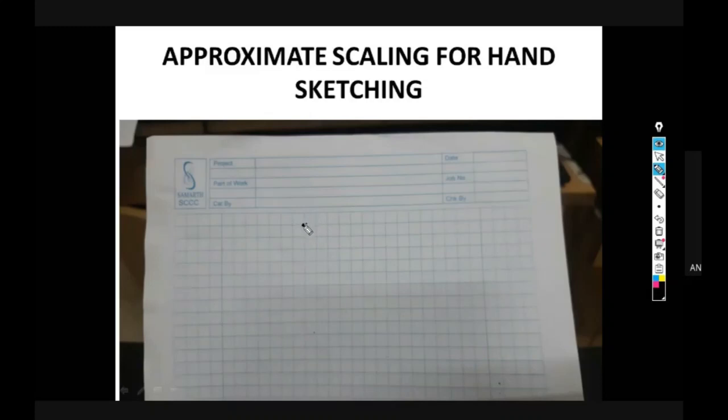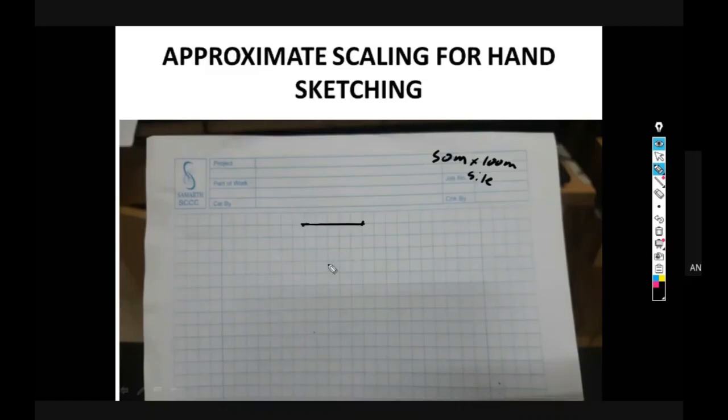So 50 means how much? 1, 2, 3, 4, 5. This is my 50, and then 10. 50 by 100 meters, so say 1 unit is 10 meters. Let me write the dimension. 50 meter by 100 meters. This is my site dimension.